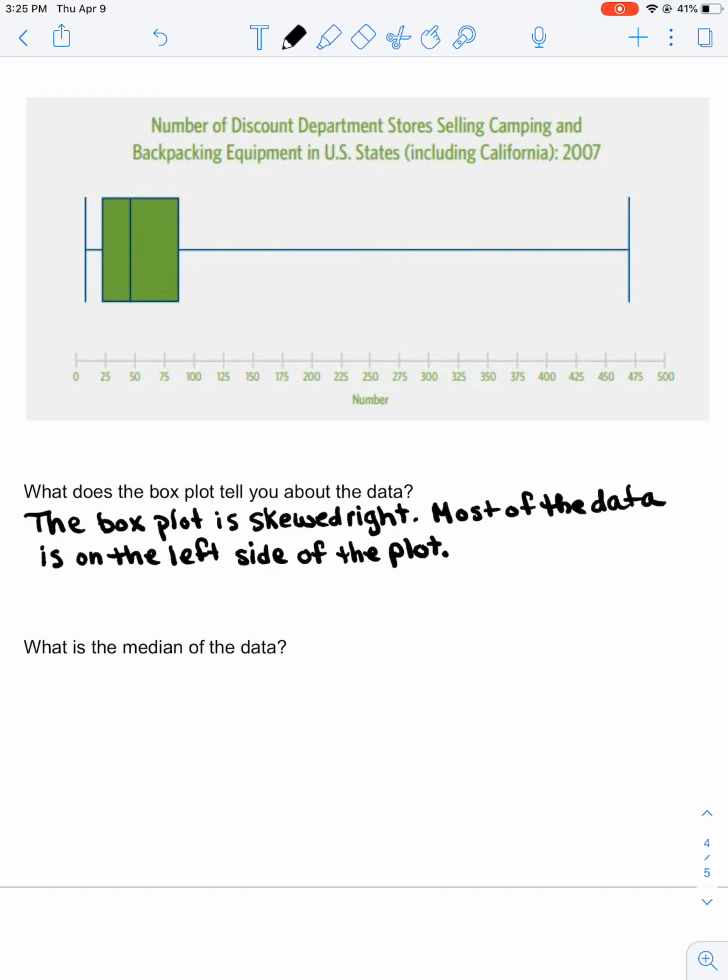Okay, notice how the right whisker is a lot longer than the left. And if you notice that our median is more towards the left side.